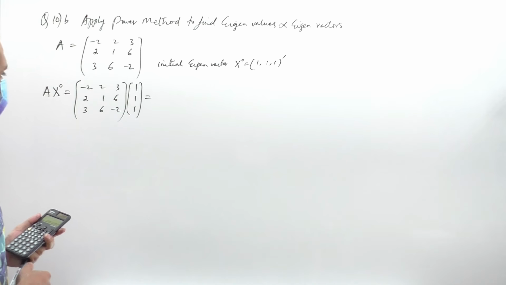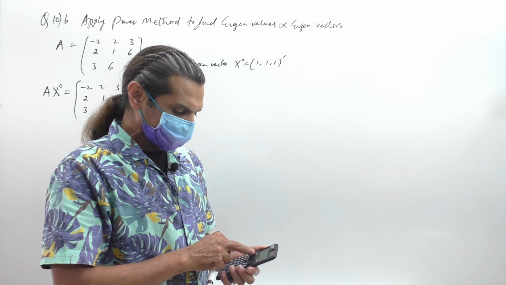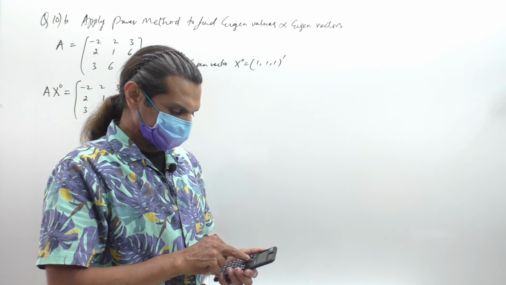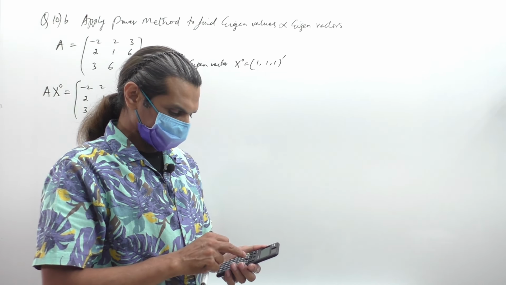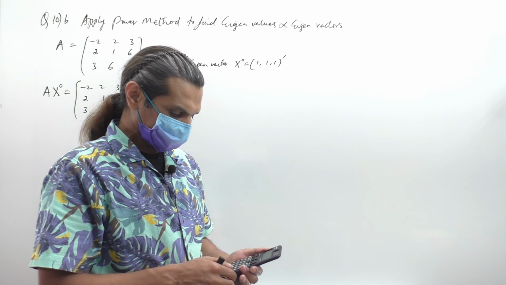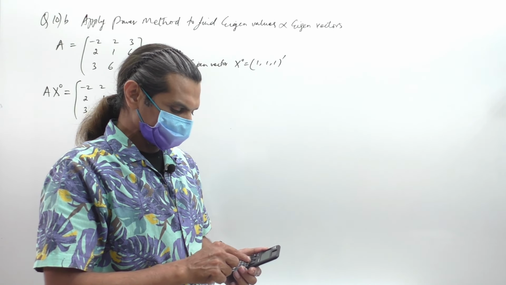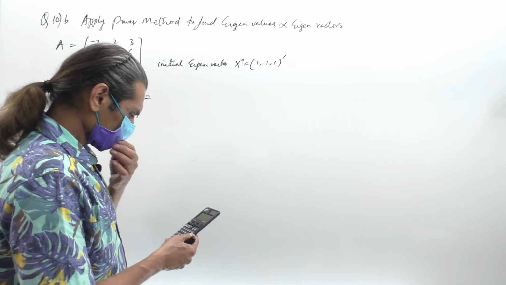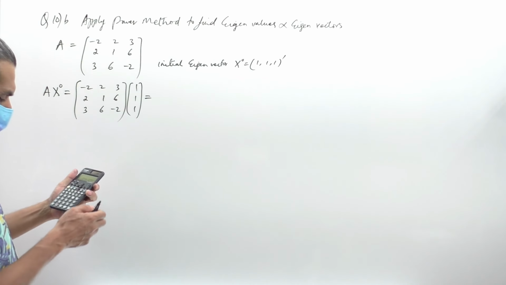Now, always while using a calculator, you need to reset the memory. So you go to home, then calculate, then settings, reset, initialize all. Yes, fine. Now we are doing the operation on matrices here, so go to matrix mode. When I press matrix, it asks for tools.